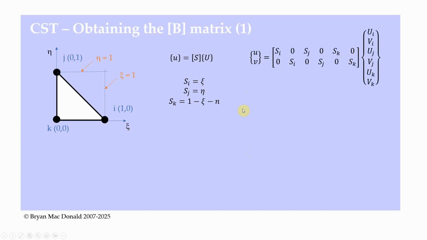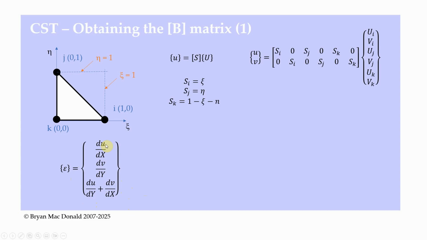So thinking about strain and displacement and relating strain to displacement. The strain displacement equations for a 2D plane stress or plane strain problem are these. Strain in the x direction is du/dx, strain in the y direction is dv/dy, and shear strain is du/dy plus dv/dx.